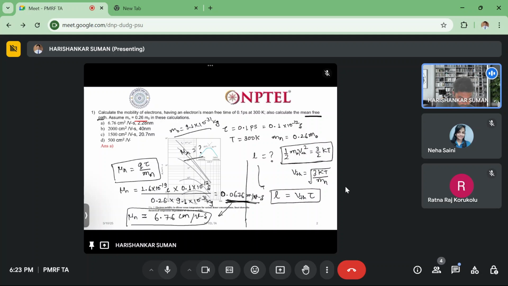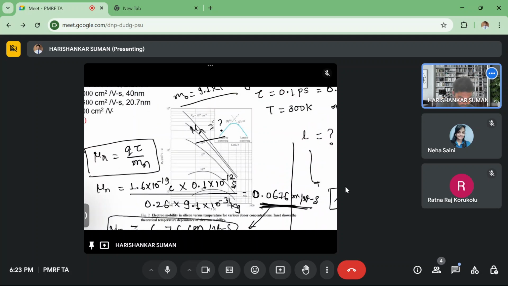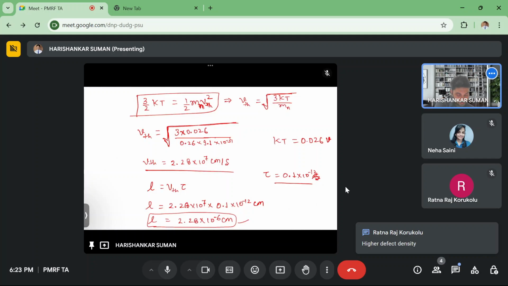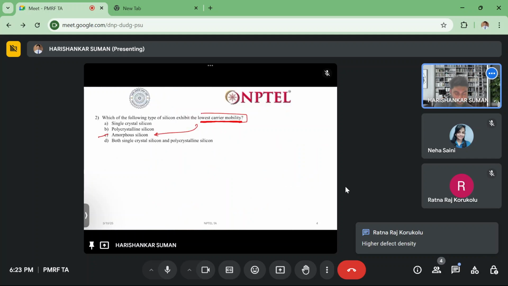Impurity and lattice scattering are dependent factors. So, impurity, yeah, good. Higher defect density.